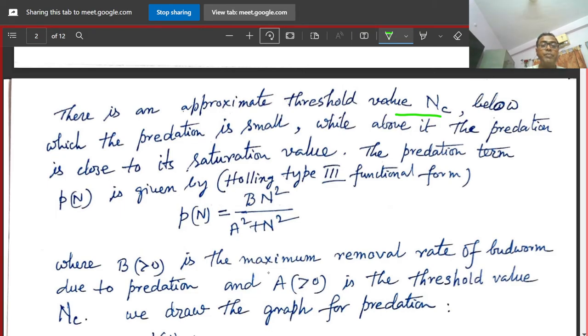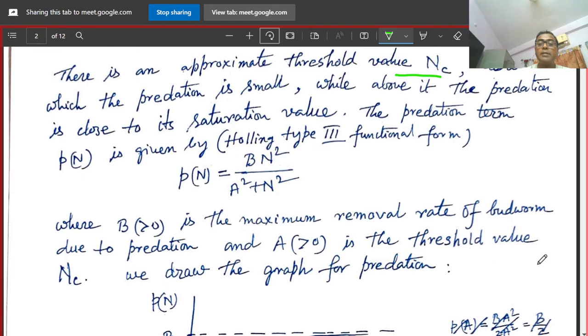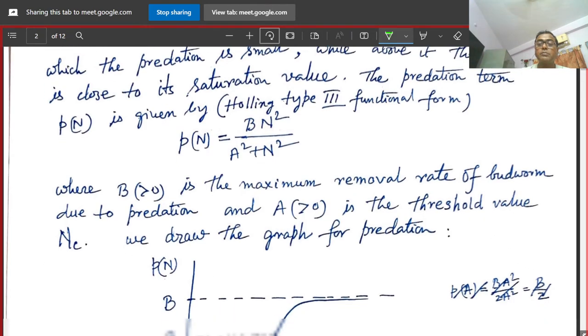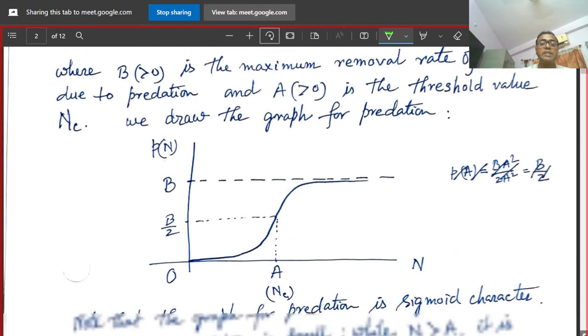B is positive, the maximum removal rate of budworm due to predation, and A is positive, the threshold value of N_c. And we draw the graph of the predation.